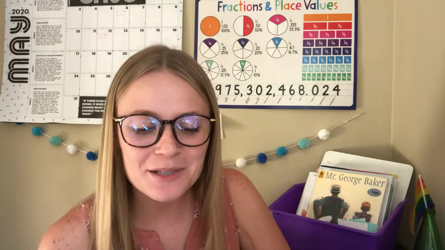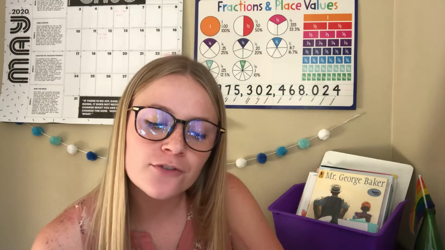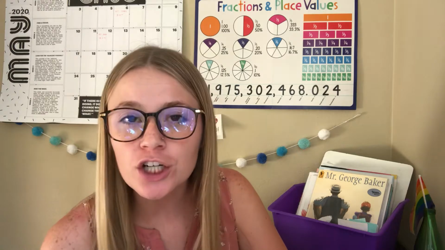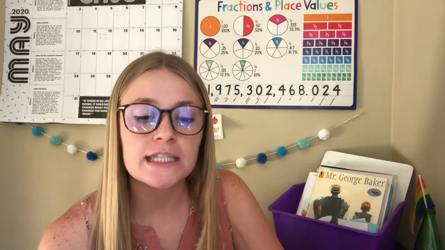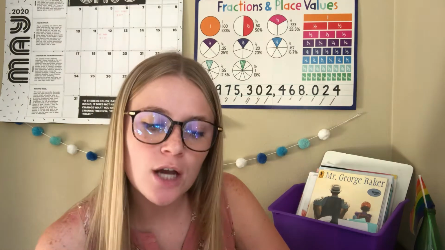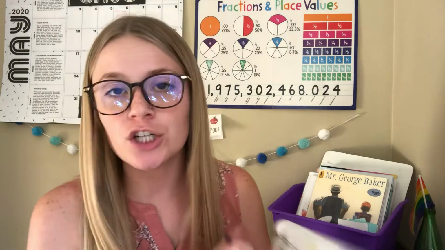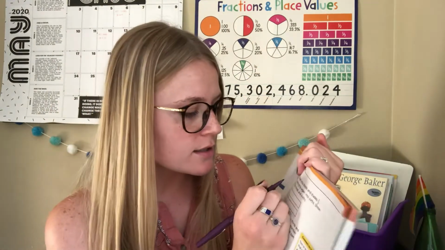Number 2 says, on the next page, page 423, Alvin folds a strip of paper into thirds and shades 2/3. Then Alvin folds the same strip again into 6. Show Alvin's strip folded into thirds and 6. So I'm going to do the first one into thirds.